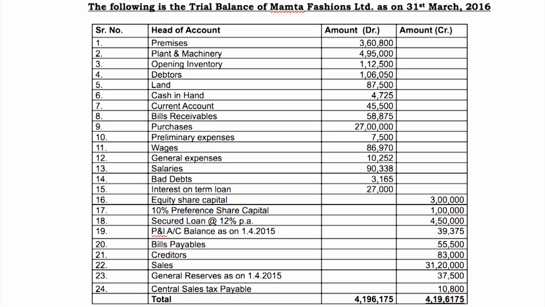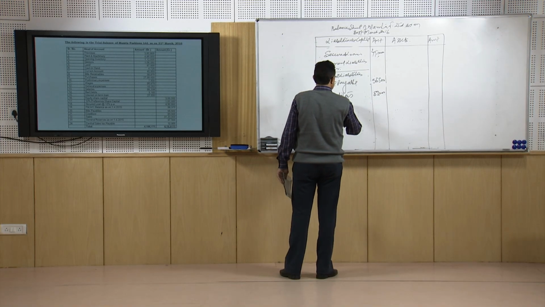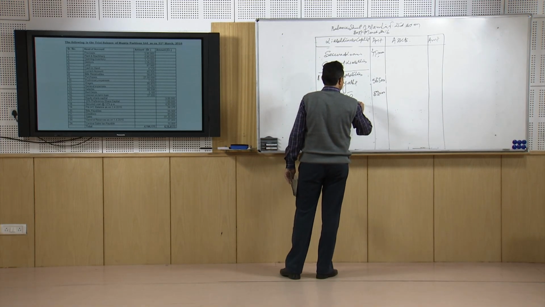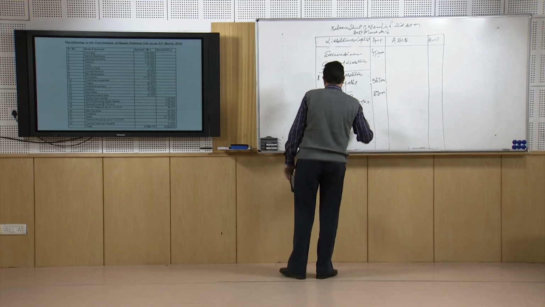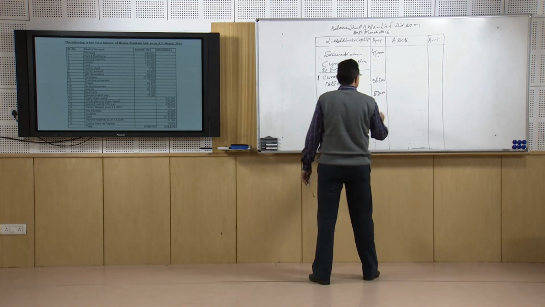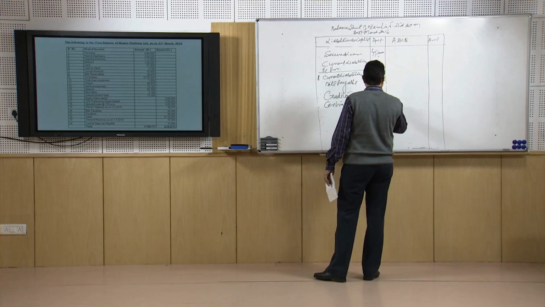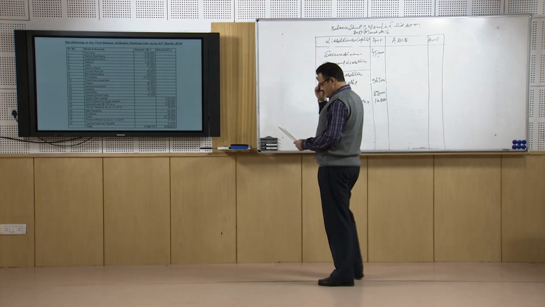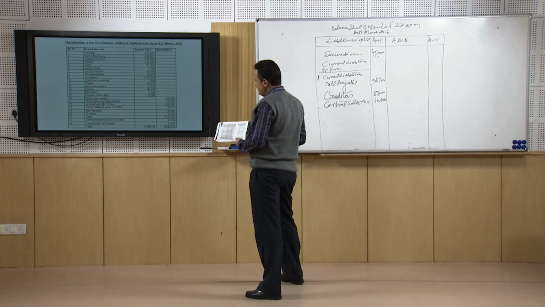So I think these are the two current liabilities, and the third liability is the central sales tax, which is not yet paid. This is payable. Central sales tax payable is 10,800.